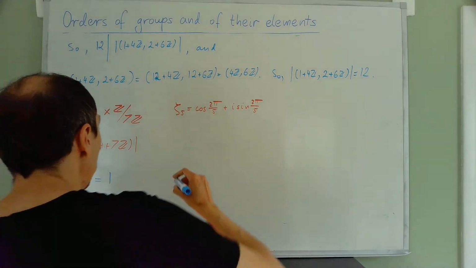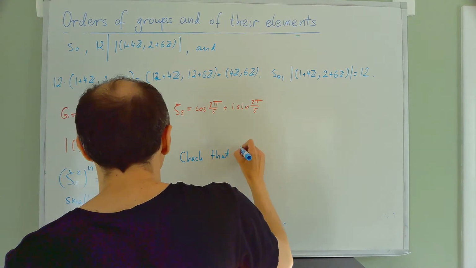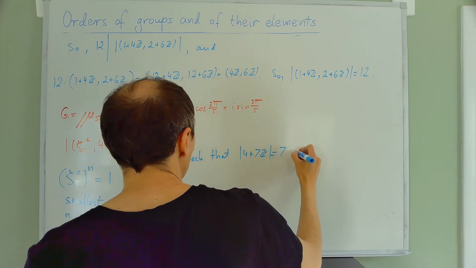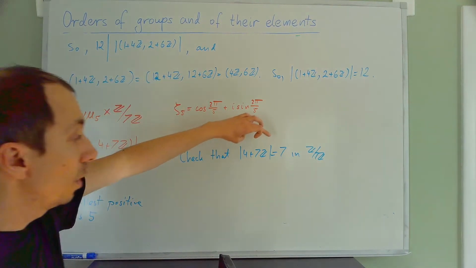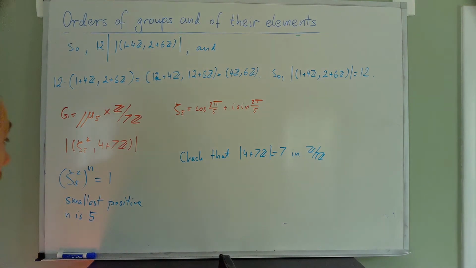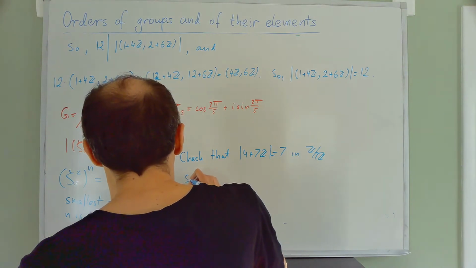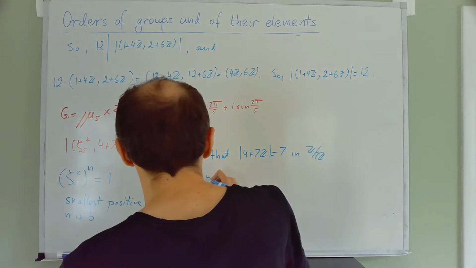What about 4 plus 7Z? You can check that the order of 4 plus 7Z is 7 in Z mod 7Z. So the smallest positive integer that works for 4 plus 7Z is 7. So the order of this is divisible by 5 and 7.